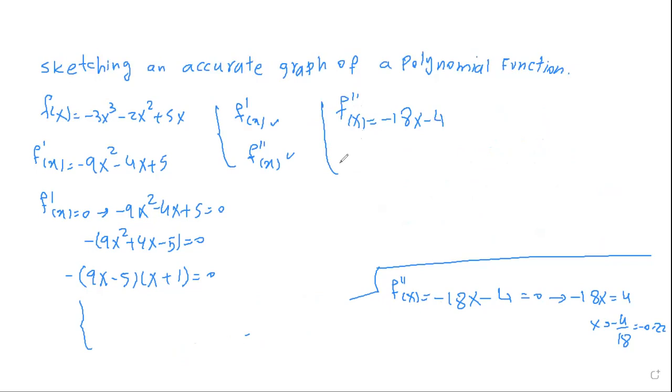Then for x = -1, what is f''(-1)? Negative 18 times negative 1 is 18, minus 4 is 14.